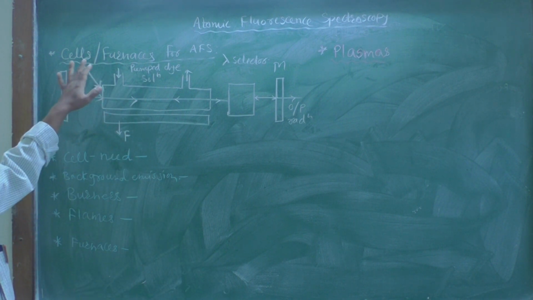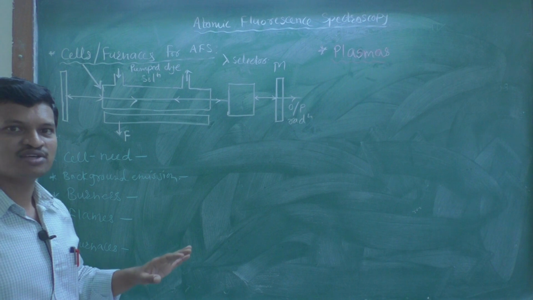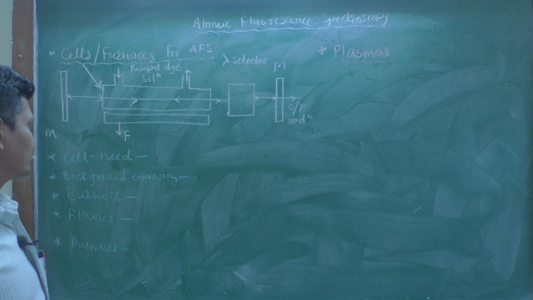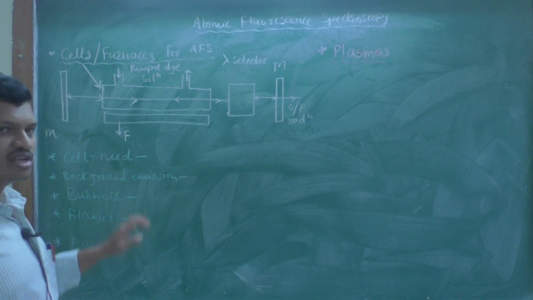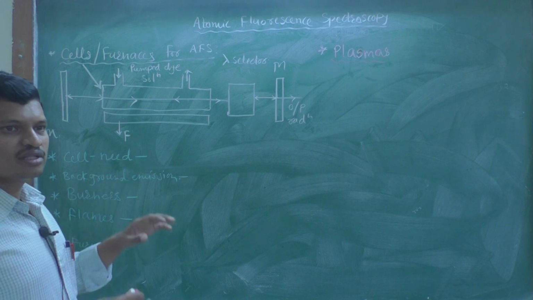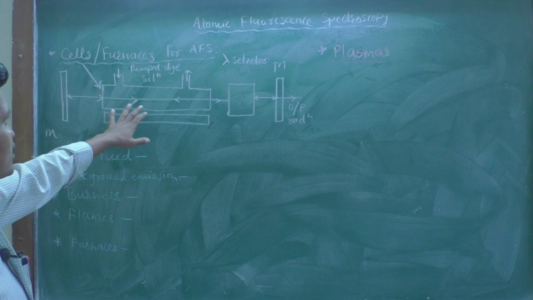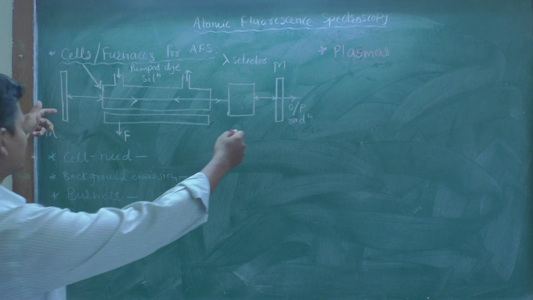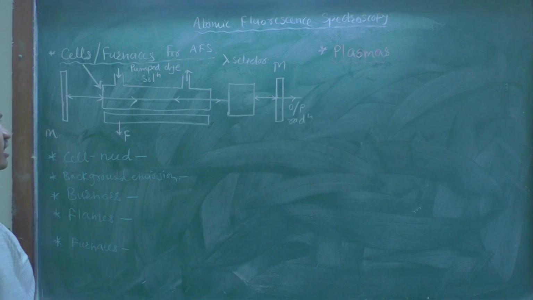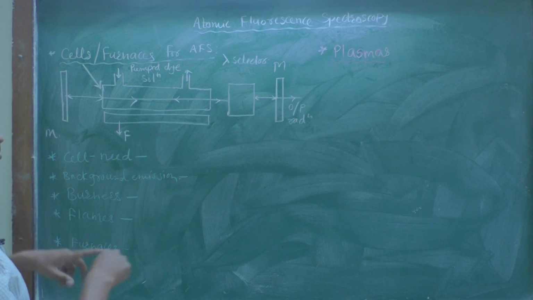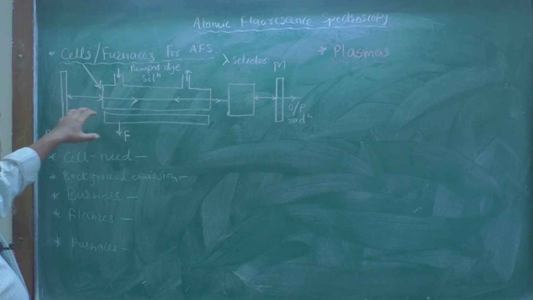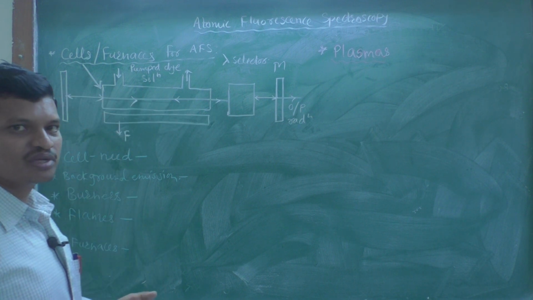Cells are also known as furnaces in the atomic fluorescence spectrometer. So what is the need of this cell? If you look at this diagram, it shows two mirrors placed at the two ends of the optical path, and between these two mirrors the optical system is placed.